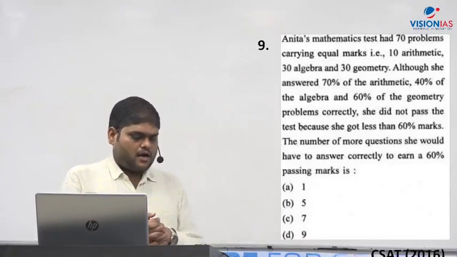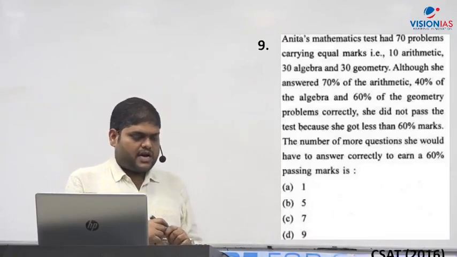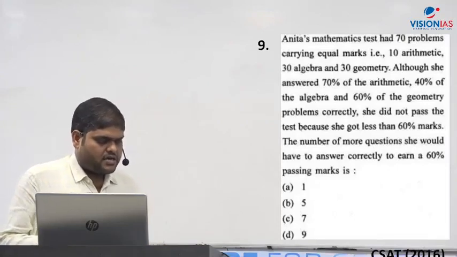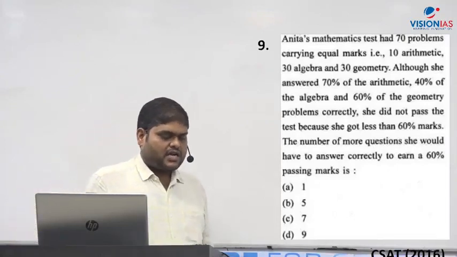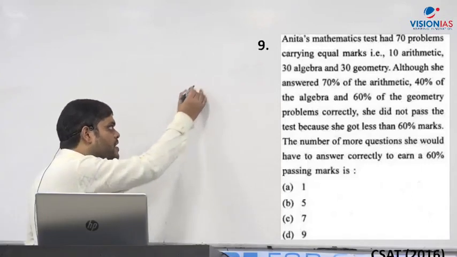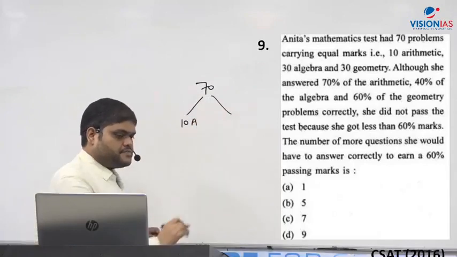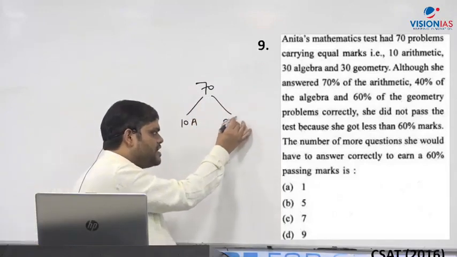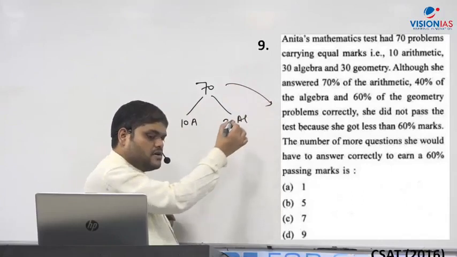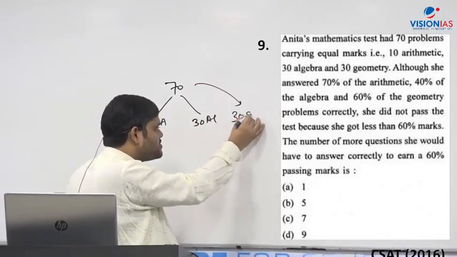The question is, Anita's mathematics test had 70 problems carrying equal marks: 10 arithmetic, 30 algebra and 30 geometry. Total 70 problems were there.